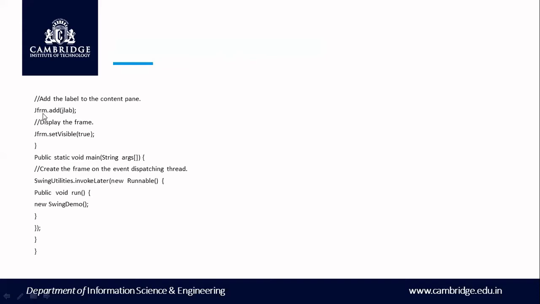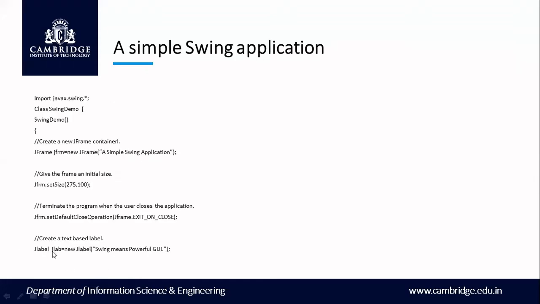Now jfrm.add. jfrm is for your container. Dot add is the function used to add the components into the container. Which component do you want to add? You want to add a label. What is the name of the label you have written? jlab. So I'm going to specify that here: jfrm.add(jlab). So I'm adding the label into the container.